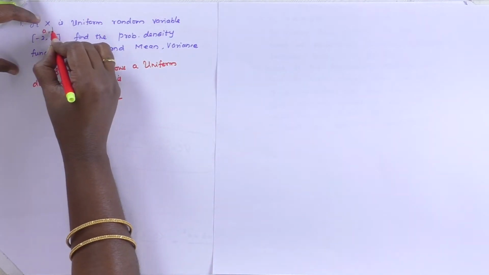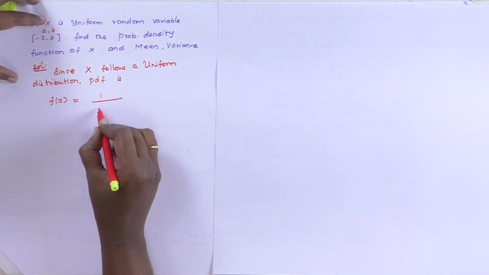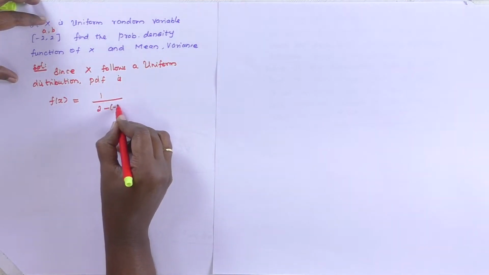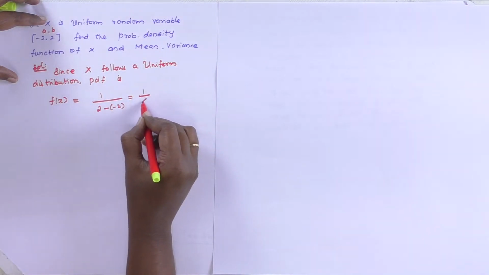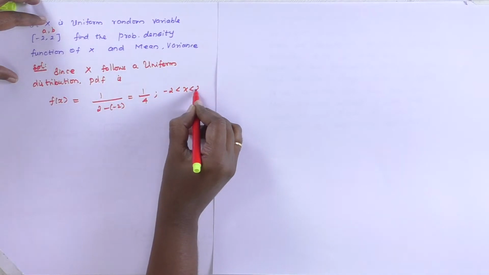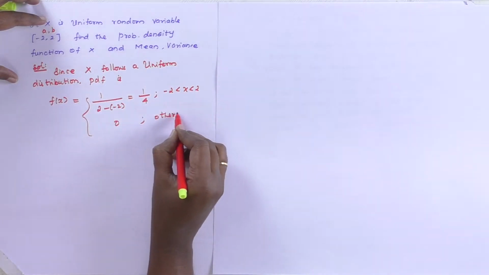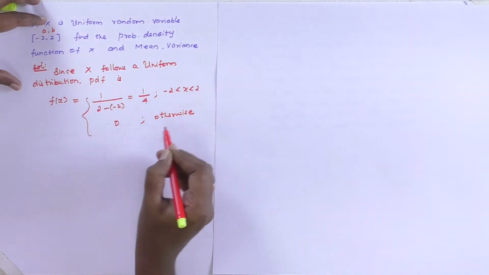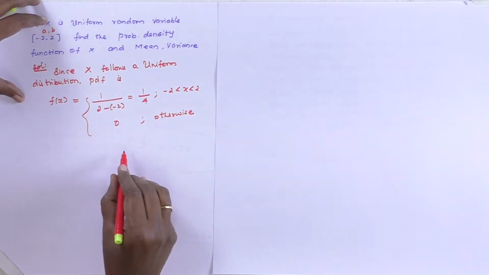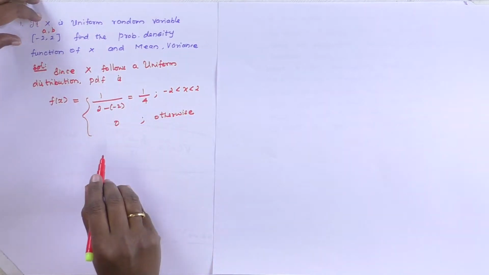Here the constant values -2, 2: 2 minus of -2, we get 1 by 4, for the limit varying from -2 less than x less than 2. Otherwise the value will become 0, which is the probability density function of the given uniform distribution in the interval -2, 2.